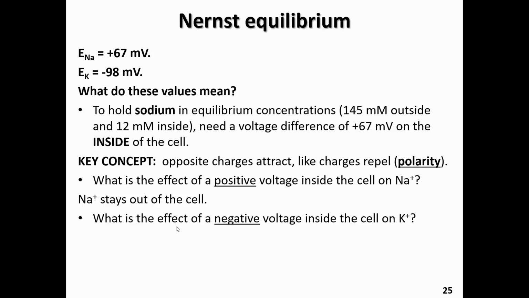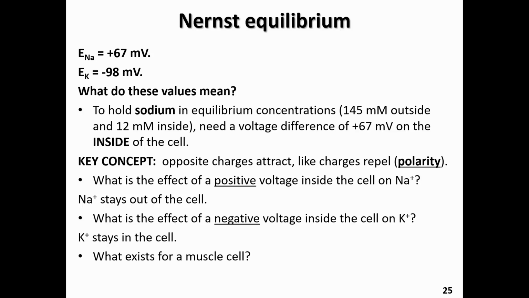The next question is, what is the effect of a negative voltage inside the cell on potassium? Now we go to the first item of our key concept, in that opposite charges attract. If we have a negative voltage environment inside the cell, the negative and positive will attract, and that environment will keep potassium inside the cell. So potassium stays in the cell.